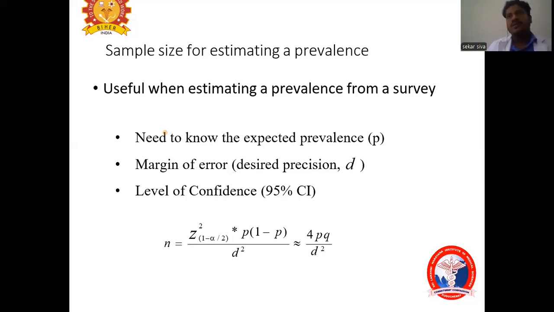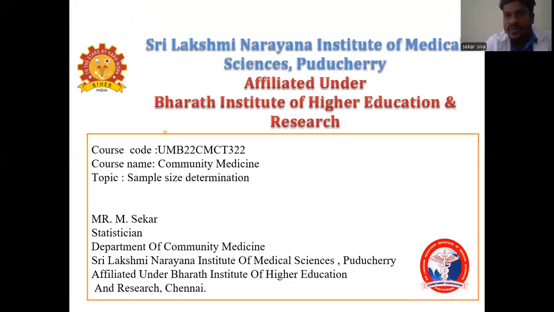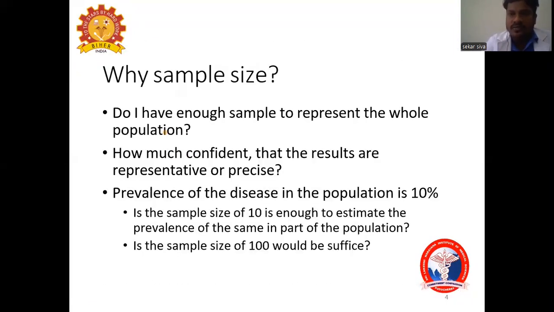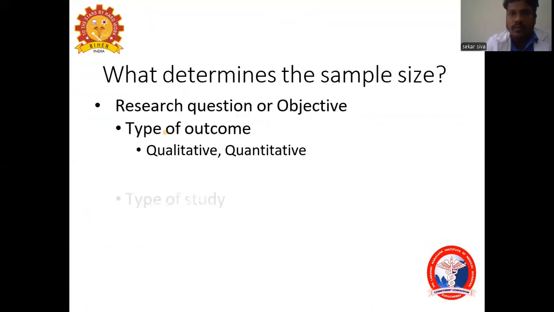The formula is z square 1 minus alpha by 2 into p into 1 minus p divided by d square. Here z 1 minus alpha by 2 at a 95% confidence interval is the standard deviate value, which is 1.96.